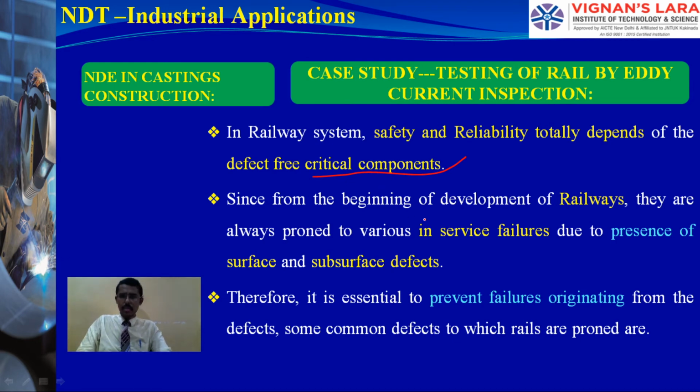Since the beginning of the development of railways, they have always been prone to various in-service failures. Fabrication is done properly, but defects happen when it is in service. Therefore, railway systems majorly face in-service failures due to the presence of surface and subsurface defects. Therefore, it is essential to prevent failures originating from defects.